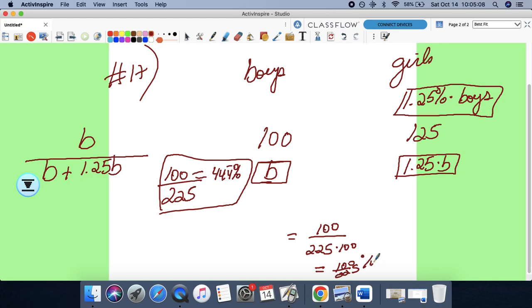You find the percentage. That seems to work. 100 divided by 2.25.